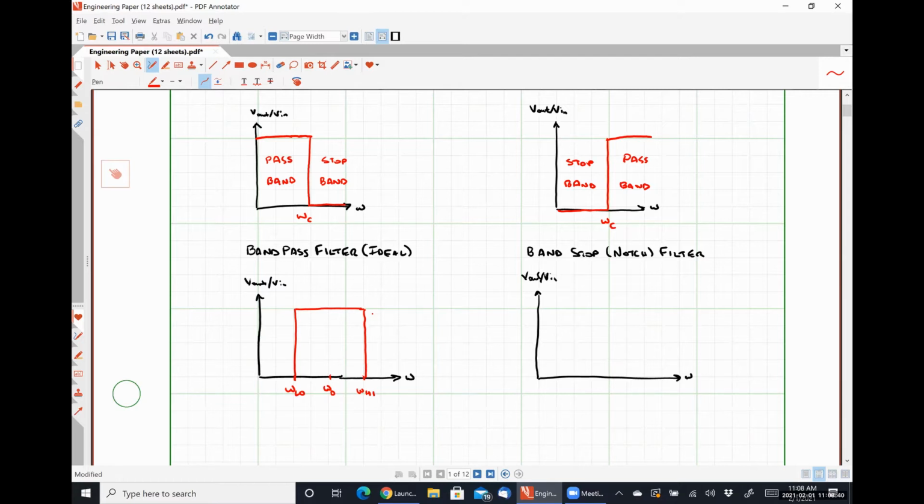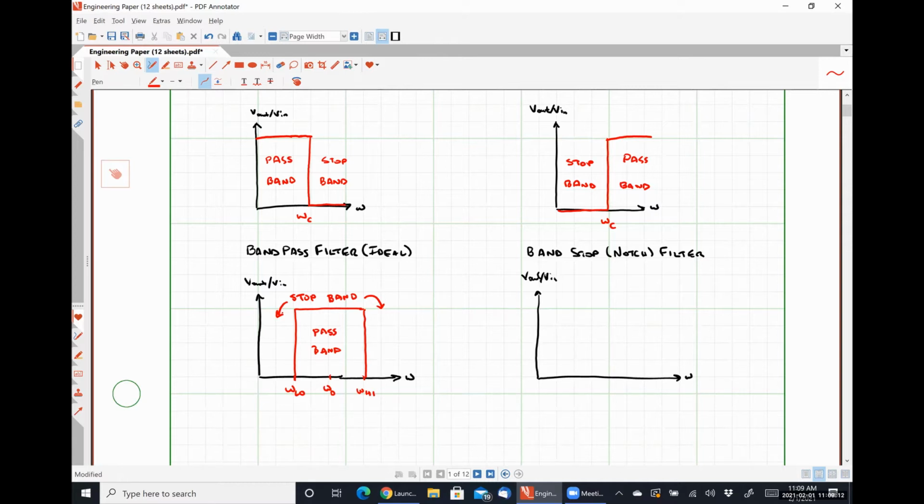So we have a pass band that is centered on that middle frequency, omega naught. We have a stop band on either side of our pass band.